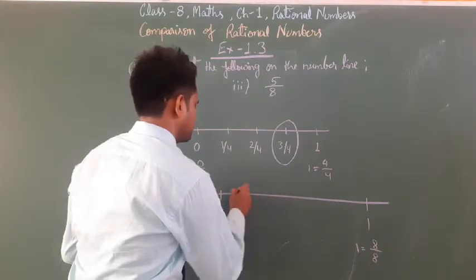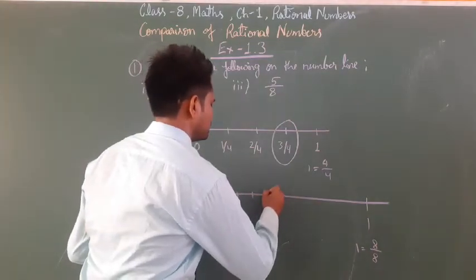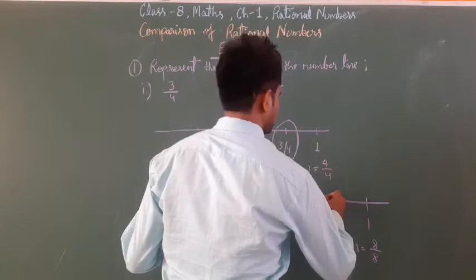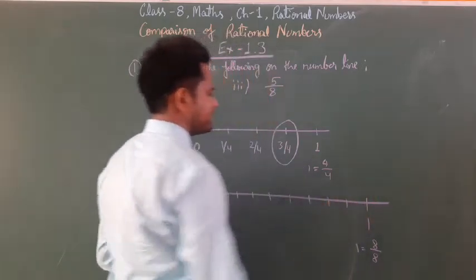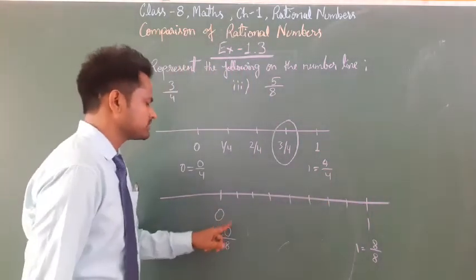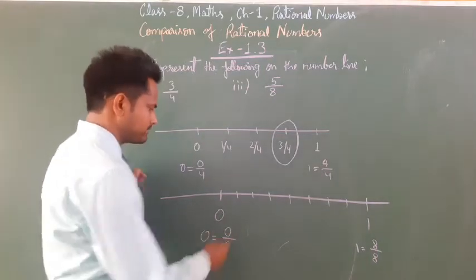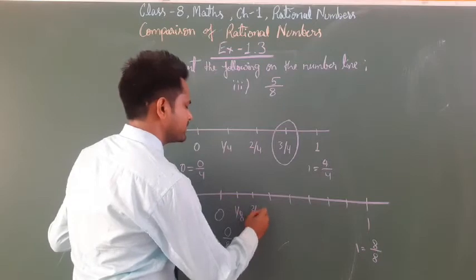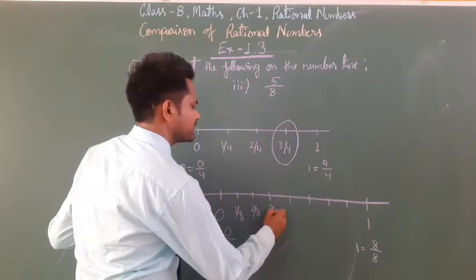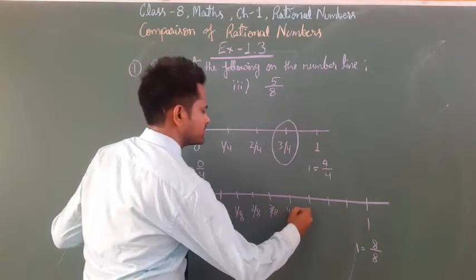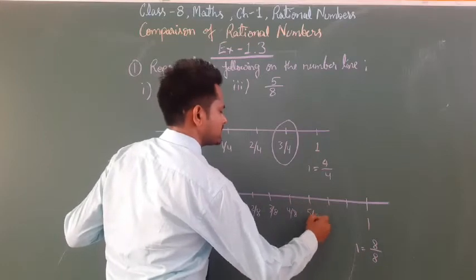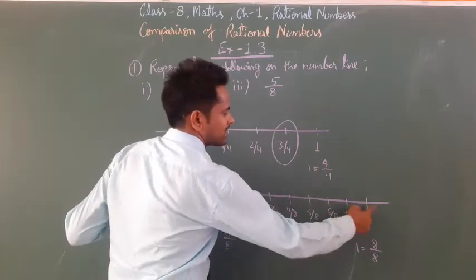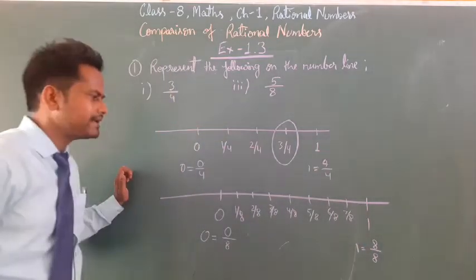That is 1, 2, 3, 4, 5, 6, 7 and 8. So what comes after 0 by 8? This one is 1 by 8, this one 2 by 8, this one 3 by 8, this one 4 by 8, this one 5 by 8, this one 6 by 8, this one 7 by 8 and the last one is 8 by 8.